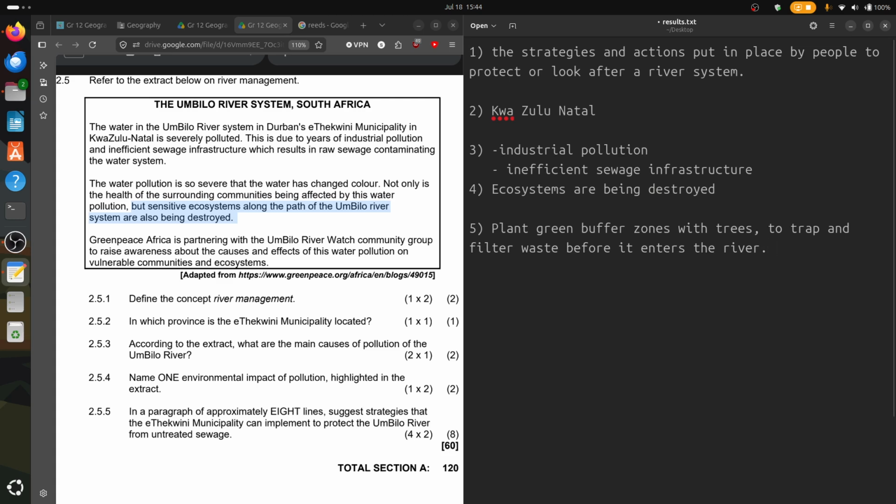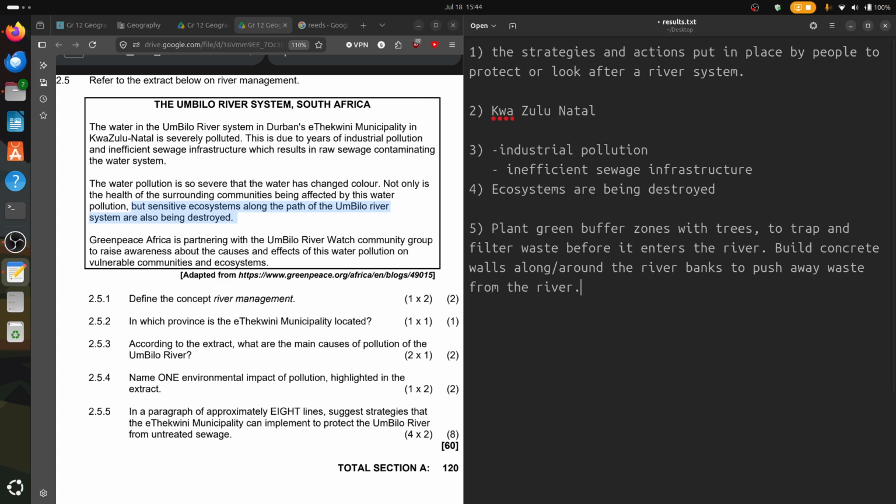Number two, you can build concrete walls along or around the river banks, right, to push away waste from the river. Now that's point number two.